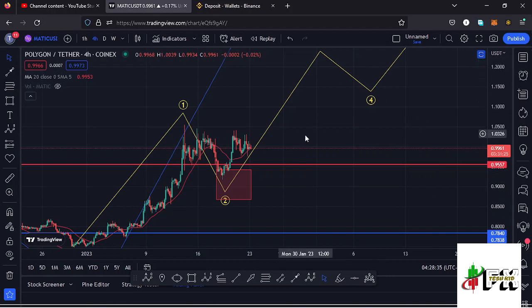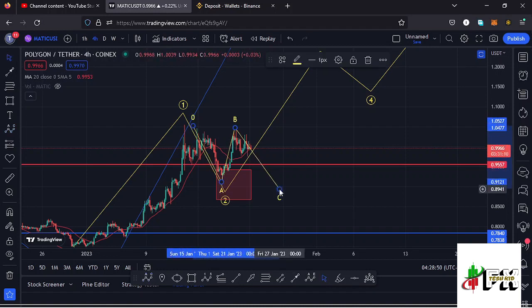But we also need to have in mind that in the formation of a second wave, where we also expect to see an ABC corrective structure, this could be the ABC corrective structure that we expect in the formation of that wave 2, where we can have these as the wave A, then a wave B, before we continue pushing lower in the formation of this wave C to fully maximize the formation of that second wave to the lower side.